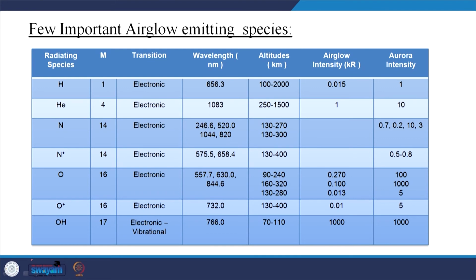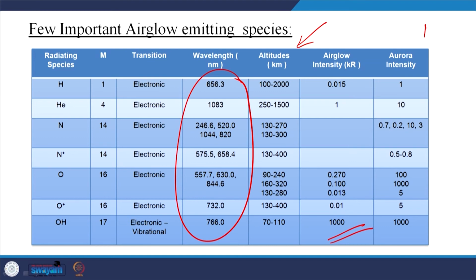So, this table summarizes various species in the atmosphere, all of which can be excited to an excited state, and when they are brought back to the ground state, they will release these characteristic wavelengths of radiation. Right. So, what you realize is that you have the typical altitudes at which these airglow emissions are observed, or the altitudes at which the airglow emission intensity is the maximum, and the intensity is also given in the units of kilorayleigh.